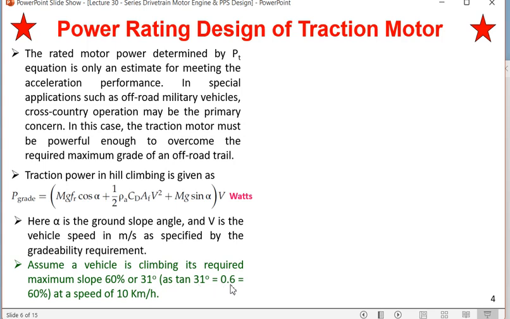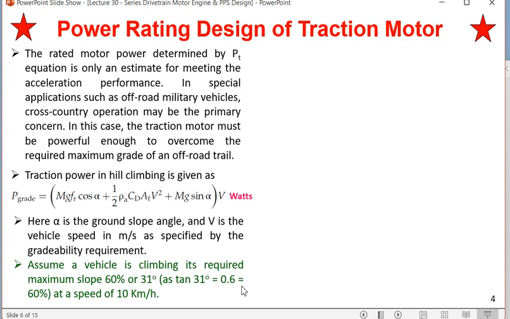Whenever it is said that the vehicle is on a 60% slope, you have to take the tan inverse of this, and the unit will be in degree. So tan inverse of 0.6 will be 31 degree. Whenever I say 60%, first you have to divide the percent by 100, so 60 divided by 100 is 0.6. Then you have to take the tan inverse of that. Whatever angle you get, that is the value of alpha.